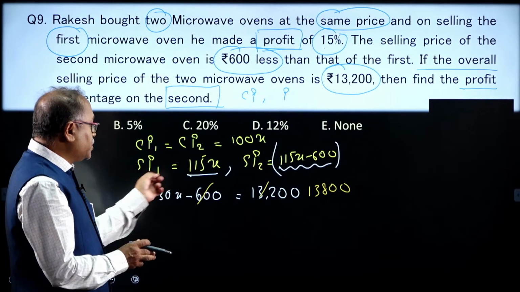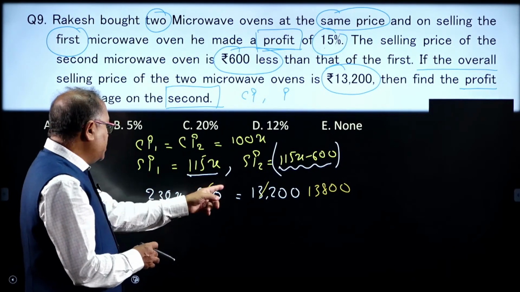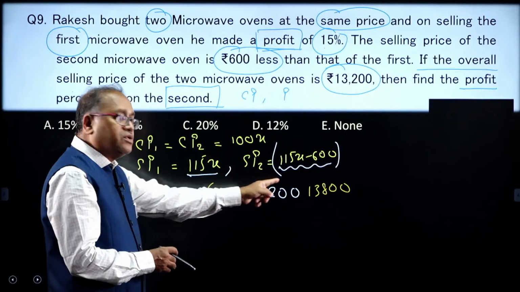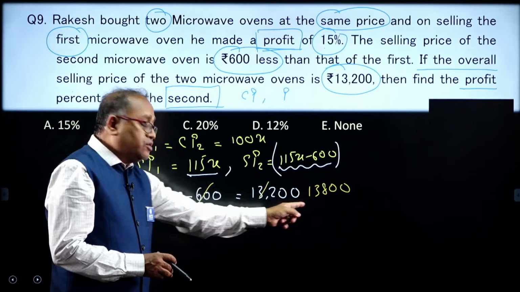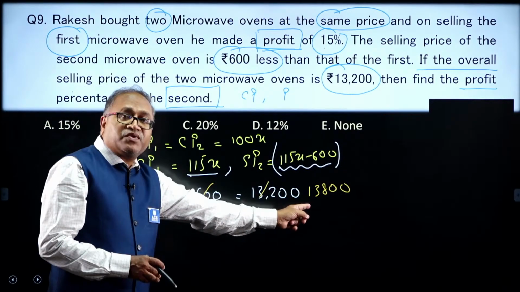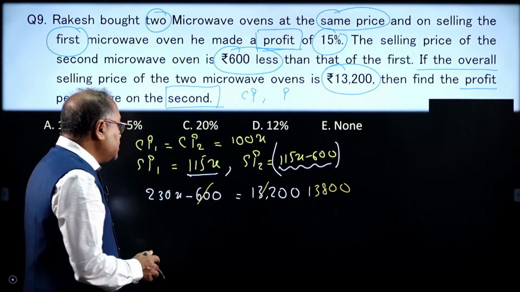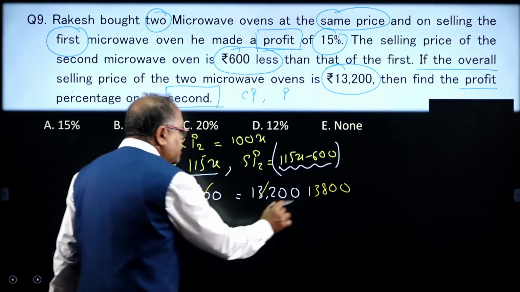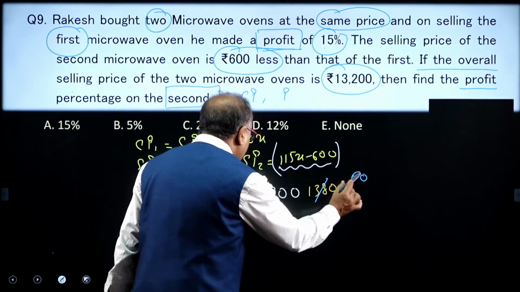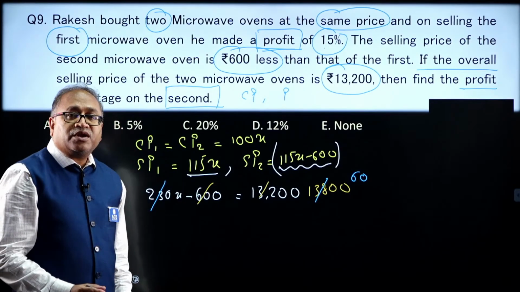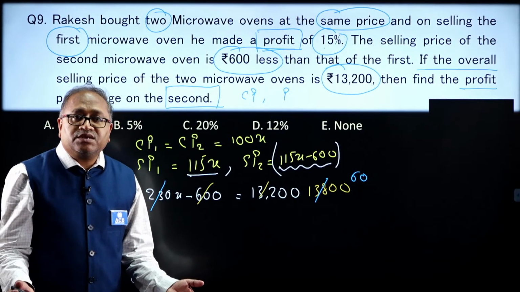Look at how many times it gets cancelled. 6 threes are 18, carry 1, and 6 twos are 12 plus 1 is 13. So, that number gets cancelled 60 times. So, what is x? x is equal to 60.